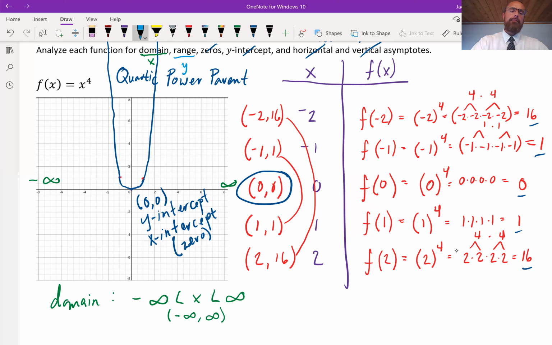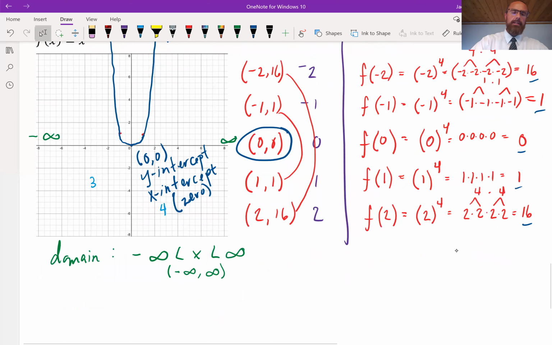Note that the graph doesn't really exist in quadrants 3 or 4. So where the range picks up is right at that y-intercept, x-intercept point. So where we're picking up is at 0, right here on the x-axis, right where it's intersecting the y-axis.